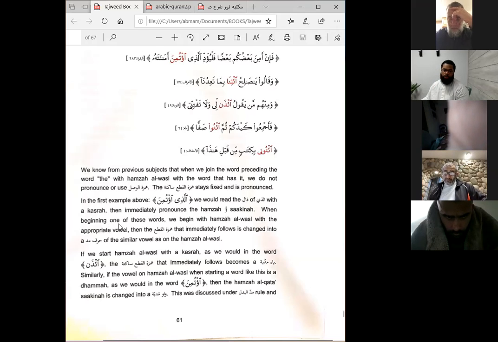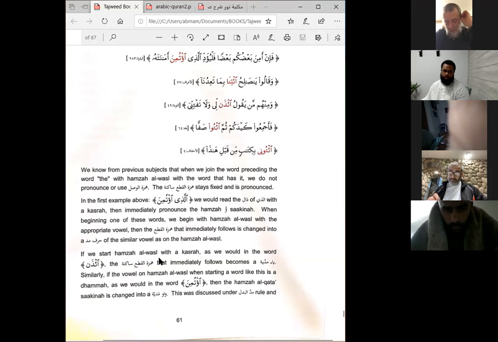When beginning one of these words, we begin the hamzat al-wasl with the appropriate vowel. Then the hamzat al-qata' that immediately follows is changed into a harf mad, similar to the vowel on the hamzat al-wasl.